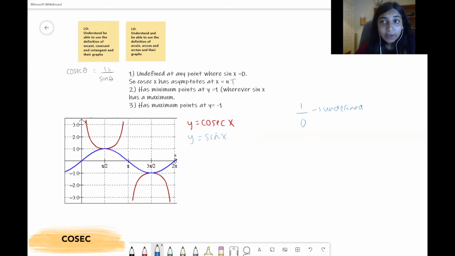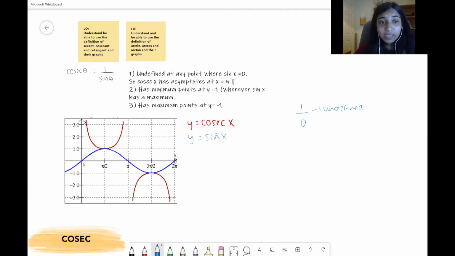That's because if you divide by larger and larger values, so as sine x increases towards pi over 2, whenever you divide something by larger and larger values, the whole value of the function would just decrease. Because whenever you do 1 over 3, that would be smaller than 1 over 2.